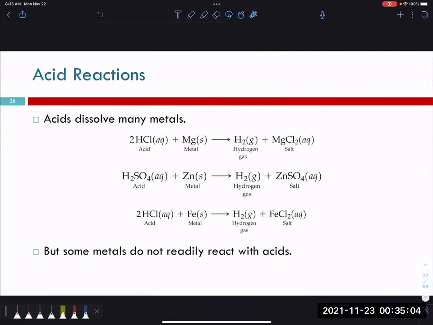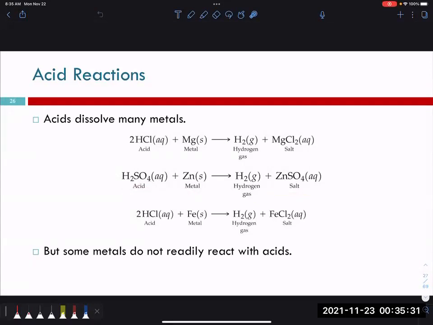Acids can also dissolve metals, though. If we add magnesium to hydrochloric acid, a reaction you do in Chem 20, you produce hydrogen gas along with a salt. Sulfuric acid plus zinc will also produce hydrogen gas and a salt.